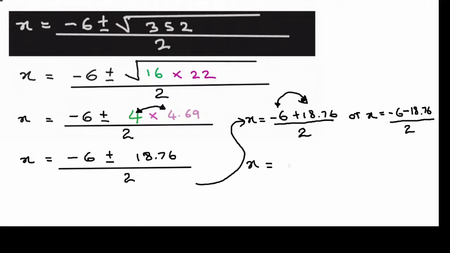That's 12.76. When we subtract 6 from 18.76, we end up getting 12.76 divided by 2. So x is equal to, what is 12.76 divided by 2? That is 6.38.